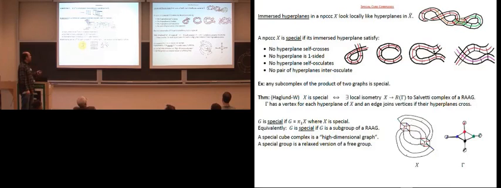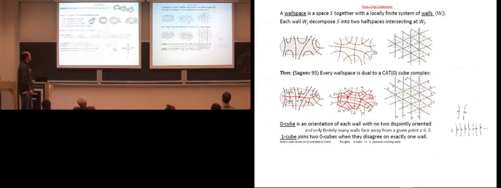Okay. Special cube complexes. So we know what those are. Dual cube complexes. So how are we going to get from groups to cube complexes? Well, first of all, a wall space is a space together with a bunch of walls.